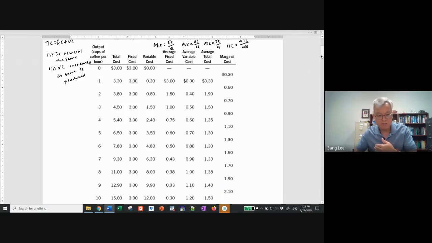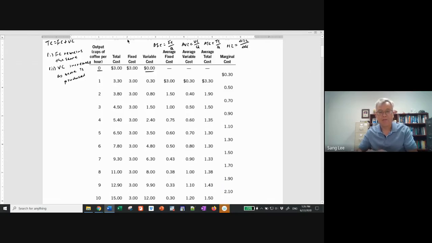As you produce and sell more and more cups of coffee, variable expenses increase. Another important piece of information you need to remember here is that variable cost is 0 at the 0 output level.